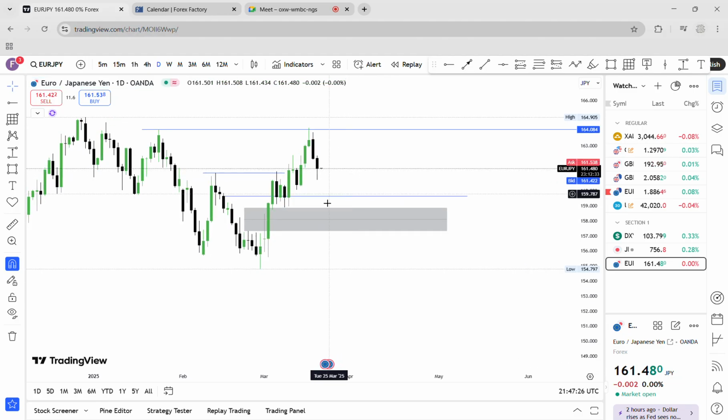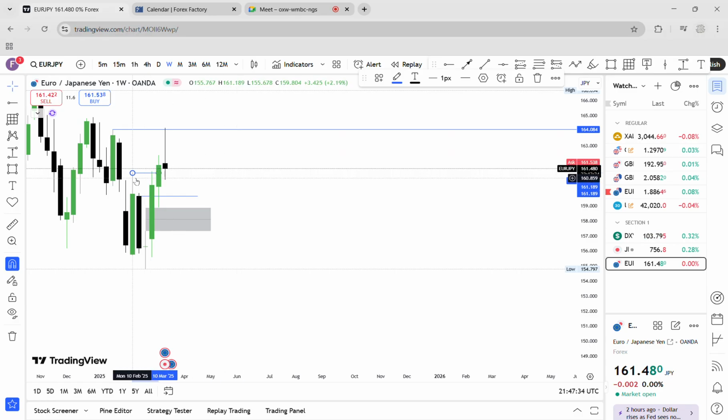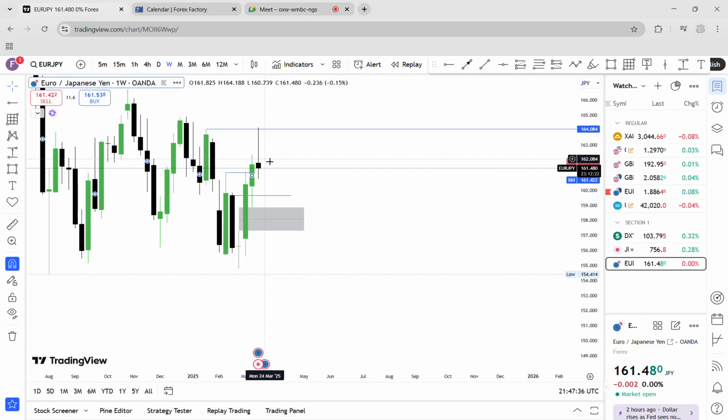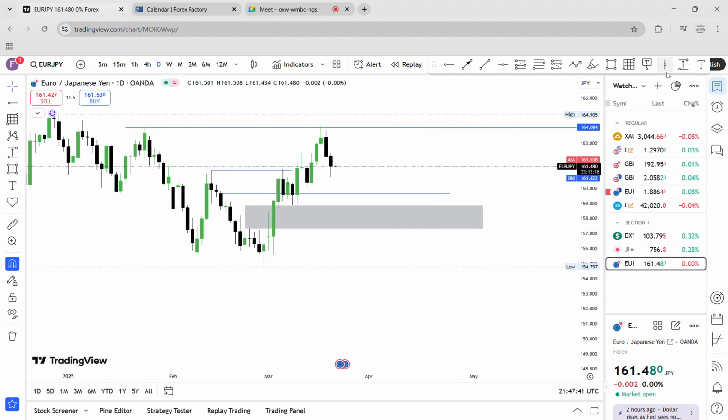I don't know how EJ is going to trade. It could trade back into this level right here, because on the weekly time frame we did close above this high. So this is the weekly time frame. EJ might be selling back down to continue going higher as well into this level and continue going higher.